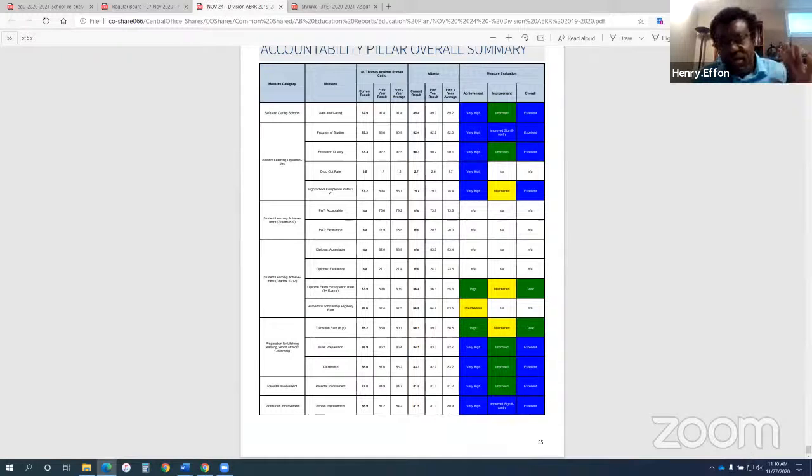Mr. Bouchard. Trustee Efron, go ahead. So Mr. Bouchard, as you stated, we've looked at these documents a couple of times now. One of the biggest changes that has come with it as well is our parental engagement and support.